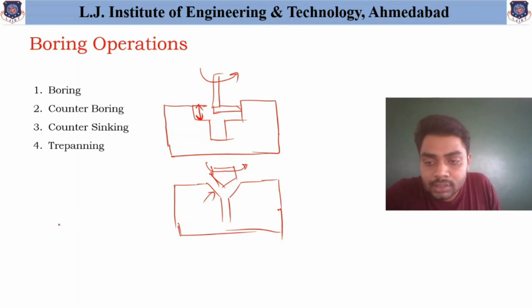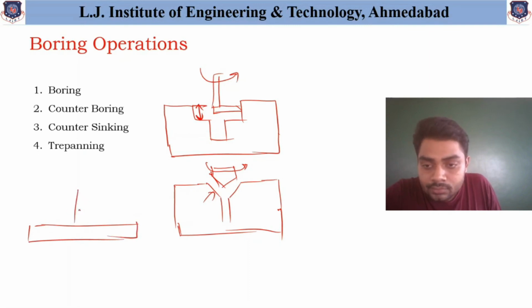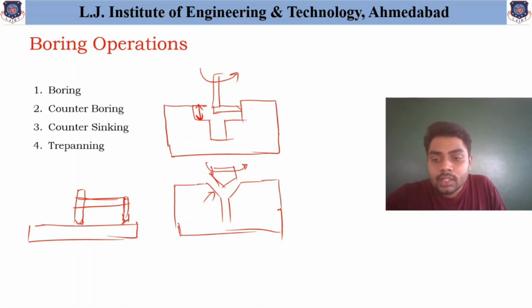In this tapening operation, what happens? Suppose the workpiece is available and one tool is arranged, at one end of which a single point cutting tool is provided, and this single point cutting tool is connected to a central portion about which it entirely rotates. This distance is called the radius of the hole required.